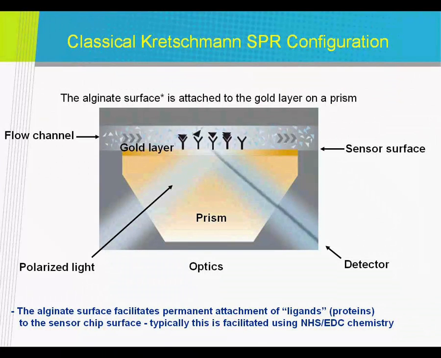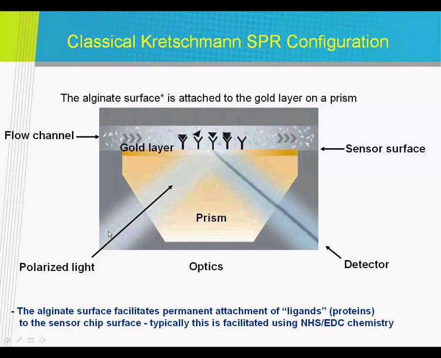As a result, some of these photons are no longer reflected, and you get this dip in intensity, or I like to call it a shadow, this line here, that's referred to as SPR, or surface plasmon resonance.